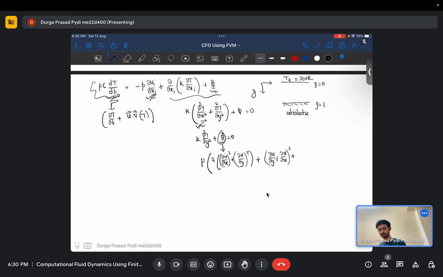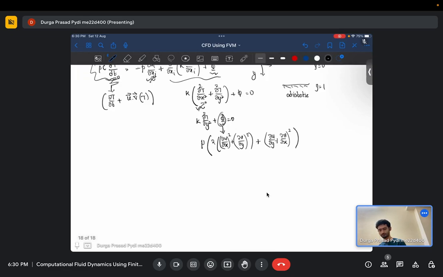There is no third term, so you'll be left with only these things. Out of these, again, if we are just considering a 1D case, V is essentially 0. You don't have V in parallel plate flow, so for a fully developed flow this term also goes to 0. So del V term is also going to 0. So we're essentially left with phi equal to mu times del u/del y whole square.